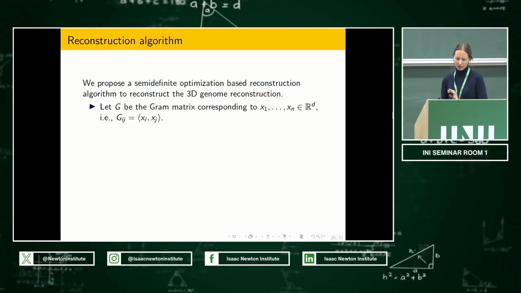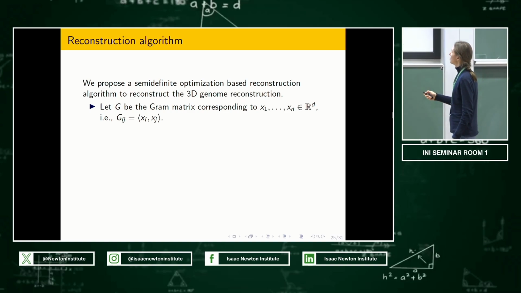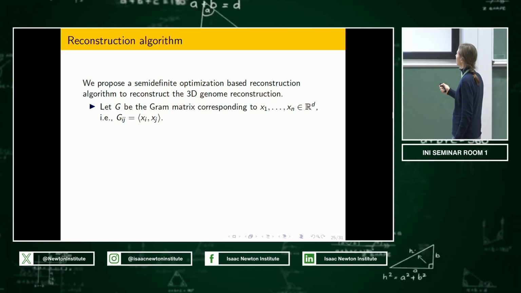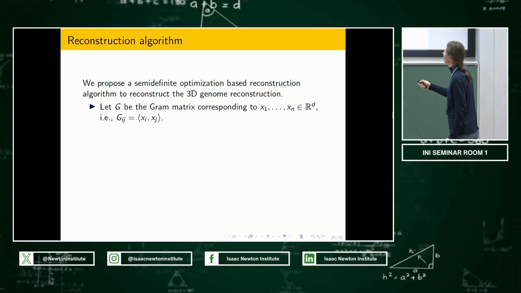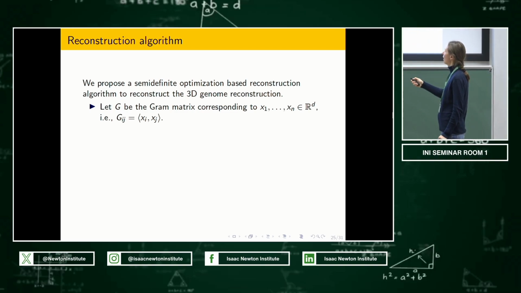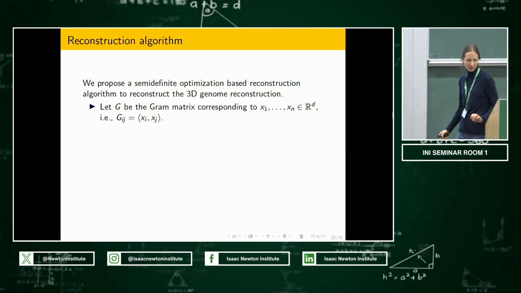For this, let me introduce some notation. Let G be the Gram matrix corresponding to the points x1 to xn. So this means G is an n times n matrix, whose ij entry is the dot product of xi and xj.